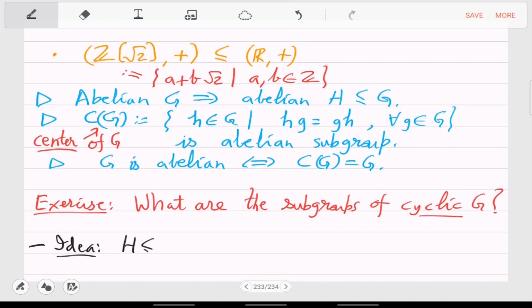If H is a subgroup of G, consider an element g here and look at the set h times g, which is the product of h with every element.